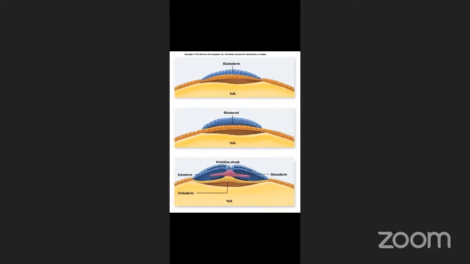Here you can see the blue one is the blastoderm, below that is the orange one, and below that the yolk. Between the blue and orange layers we have the blastocoel. The pink structure formed in between is called the primitive streak, and that can form into mesoderm. So we have ectoderm, endoderm, and mesoderm.